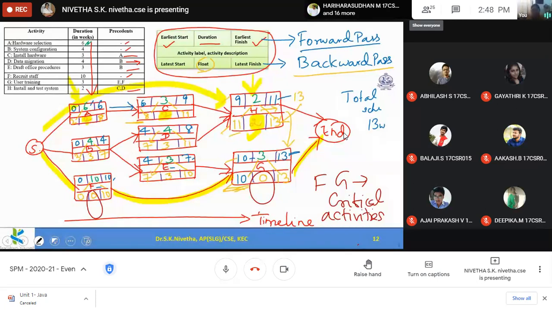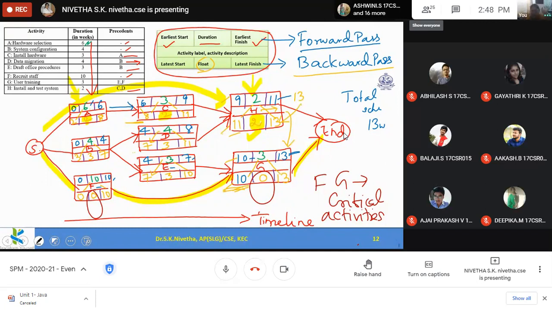Okay. So float value simply gives an idea of which activities can be delayed. It doesn't mean that each activity can be delayed for that much period. One time 2 weeks delayed means that is erased. That's all. In a path, one time 2 weeks delay.